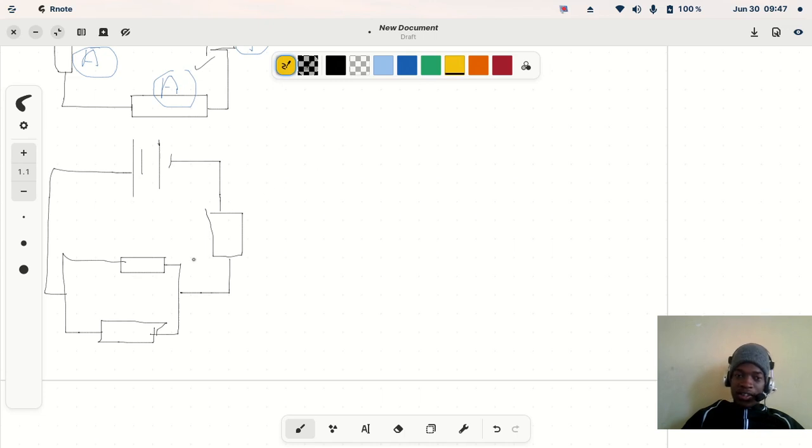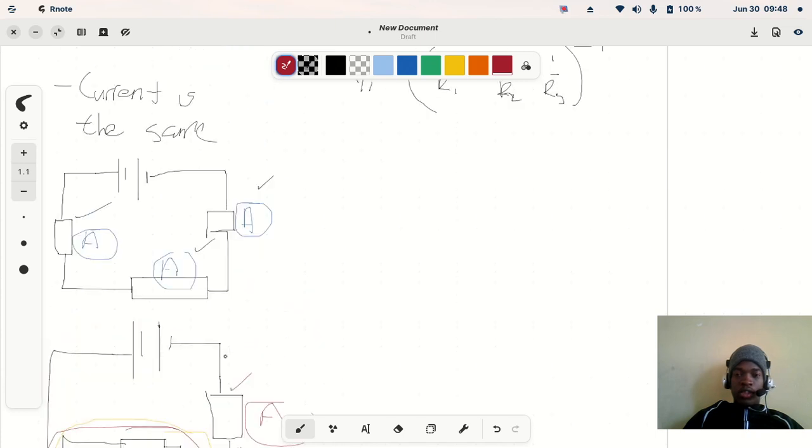The current in this entire parallel circuit shall be the same as the current in just this resistor, because they are in series with one another.